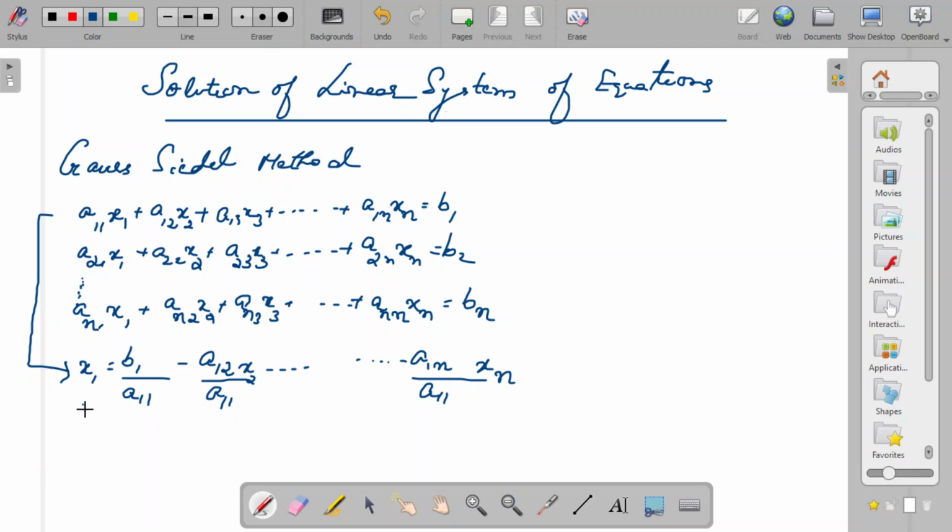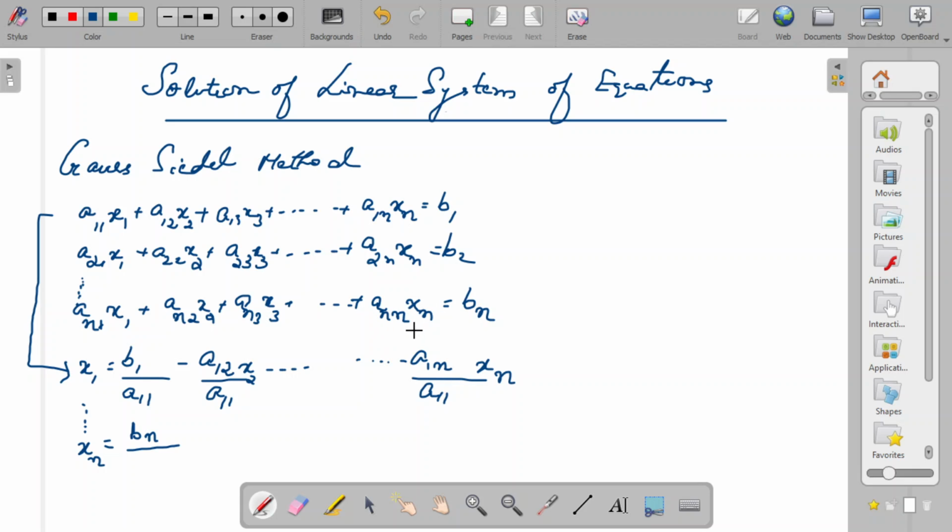Similarly, I am going to write the formula for xn. xn is equal to bn divided by ann. All the other terms will be taken to the right hand side, and that will be divided by ann.